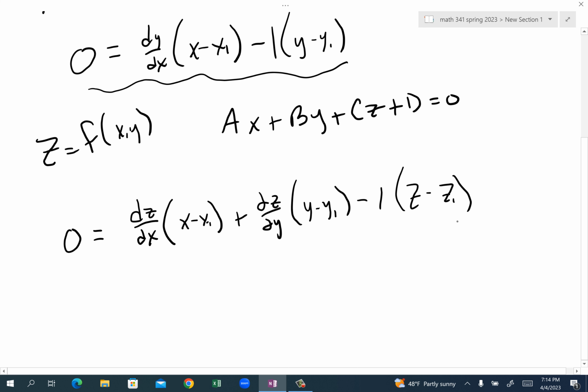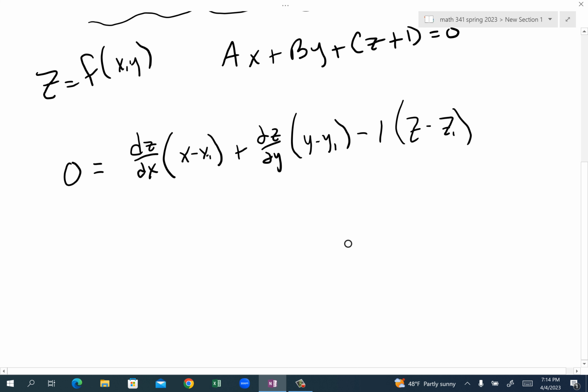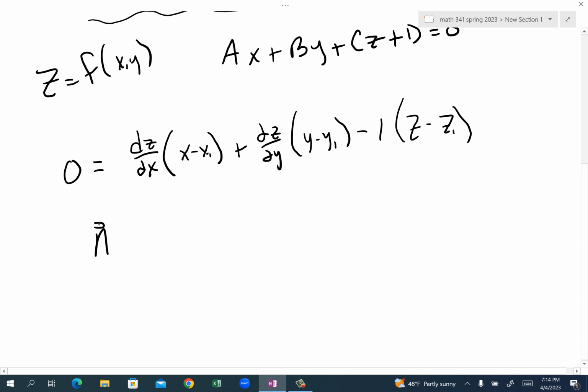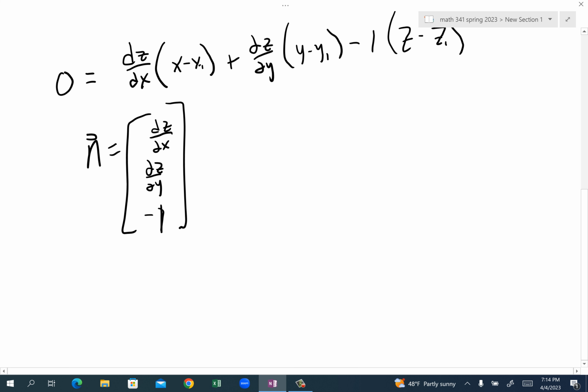Okay? Now, your normal vector just becomes this. In this class, we're not doing partial derivatives, so you don't have to worry about it, but this is what it always becomes. It is just a mirror image of what we're seeing in 2 dimensions, taken up to 3 dimensions. That's it.